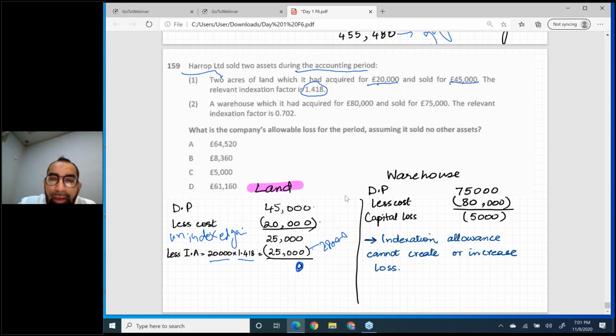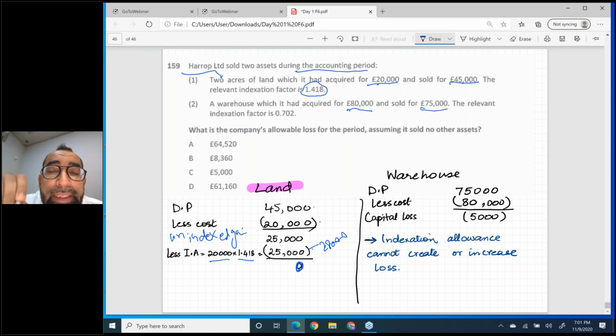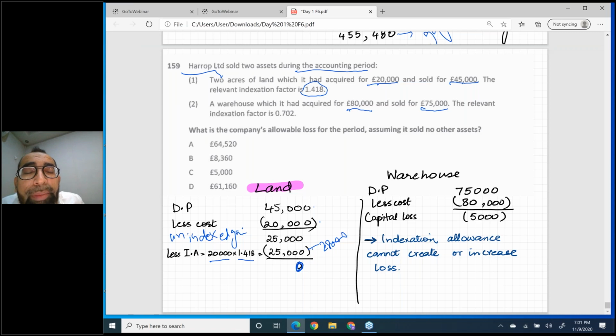Now for the second transaction, a warehouse which it had acquired for 80,000. Cost is 80 and DP is 75. That means in the first step you will get a loss number. Whenever you get a loss number, no indexation allowance is available.